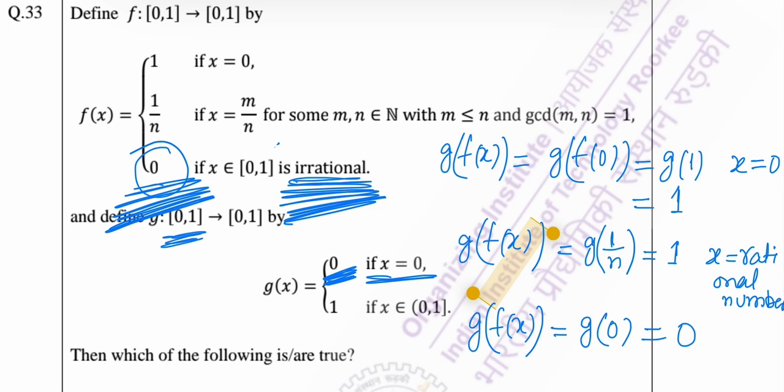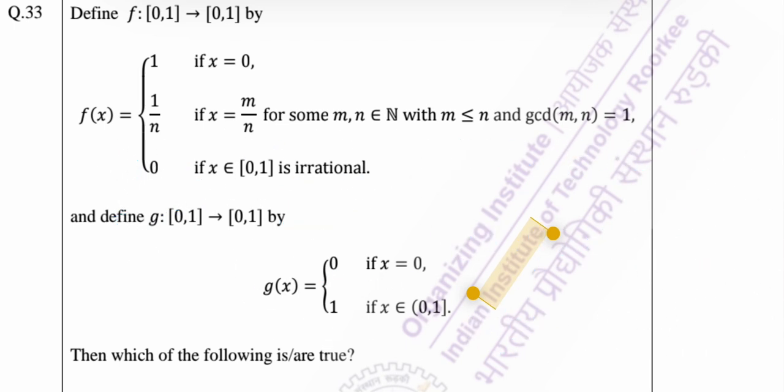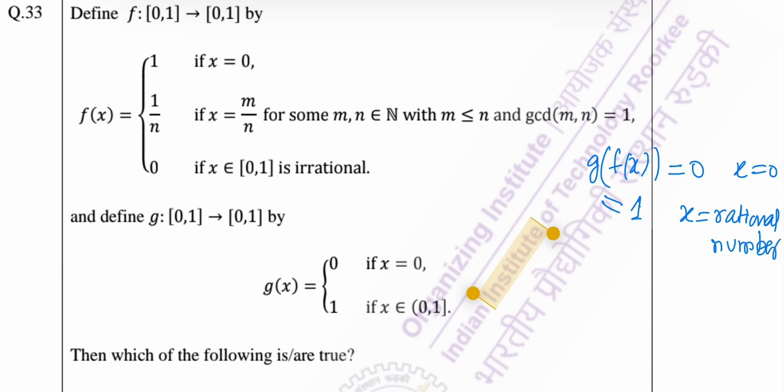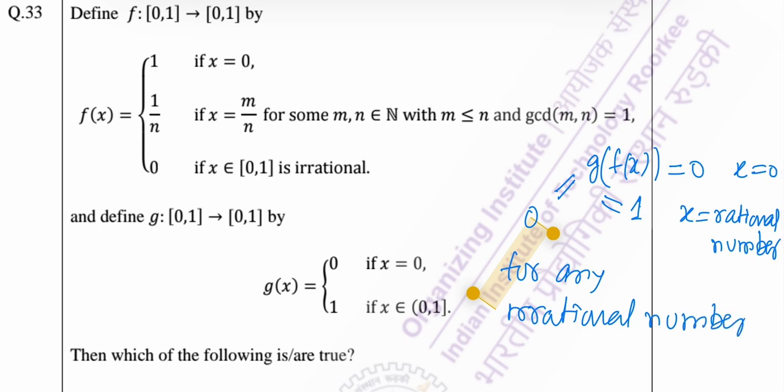We get that gof(x) is 0 for x equals 0, and gof(x) equals 1 for x equal to a rational number, and the same gof(x) equals 0 for any irrational number x.